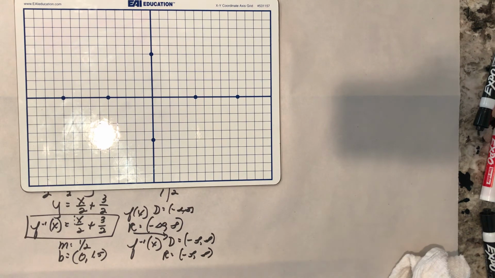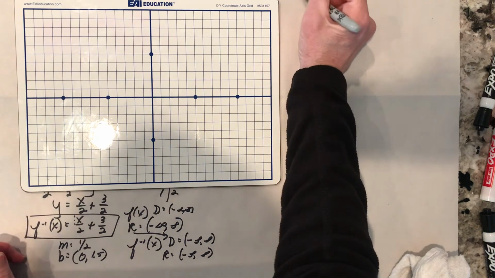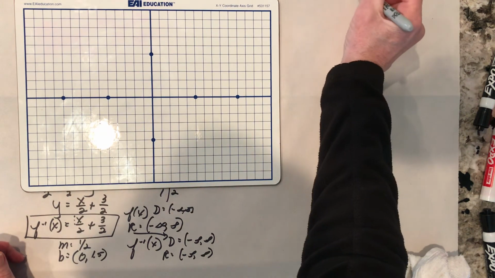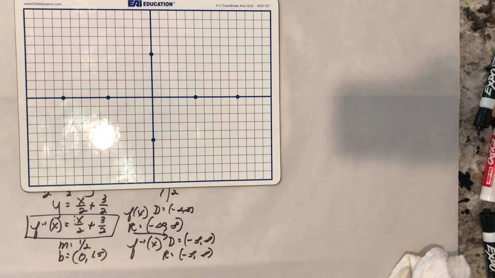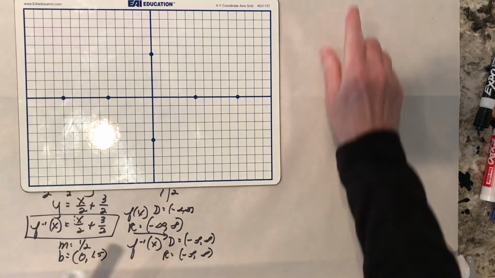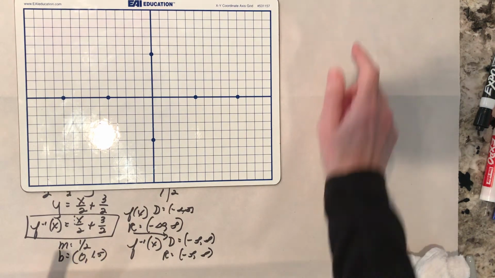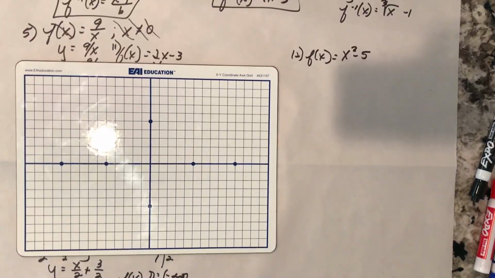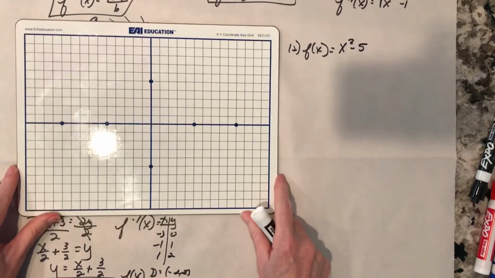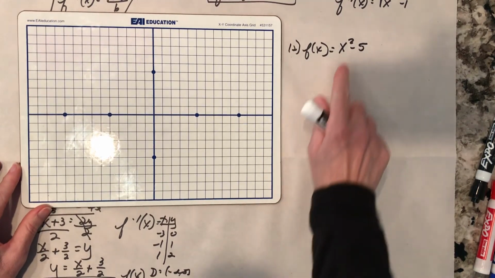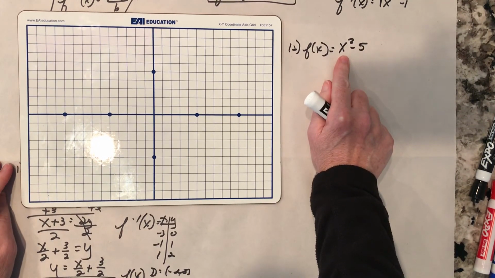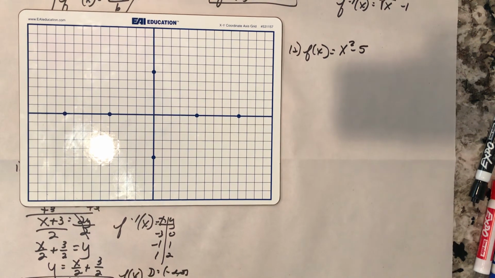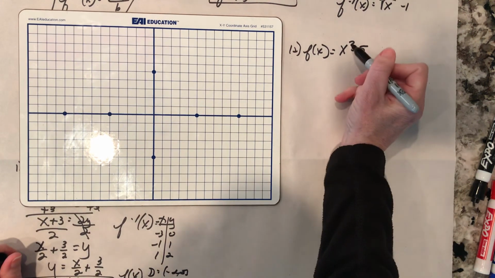Okay, number 12. The function itself is x squared minus 5. Let's graph that first. X squared is a parabola function. The vertex point will be, remember it's a liar, what sits between the x and the 2.